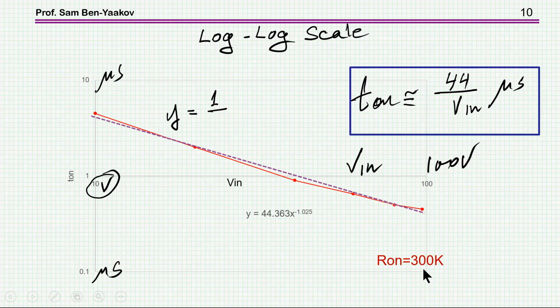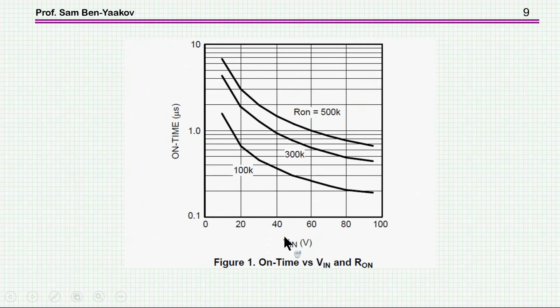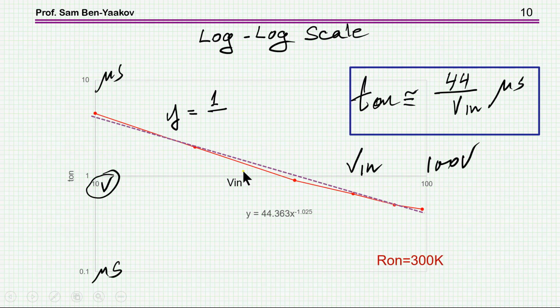The way that it is done in this particular unit is that the on time is programmed to change with V in, and therefore this unit should be, not absolutely, but fairly insensitive to changes in V in, and we'll see it later on.